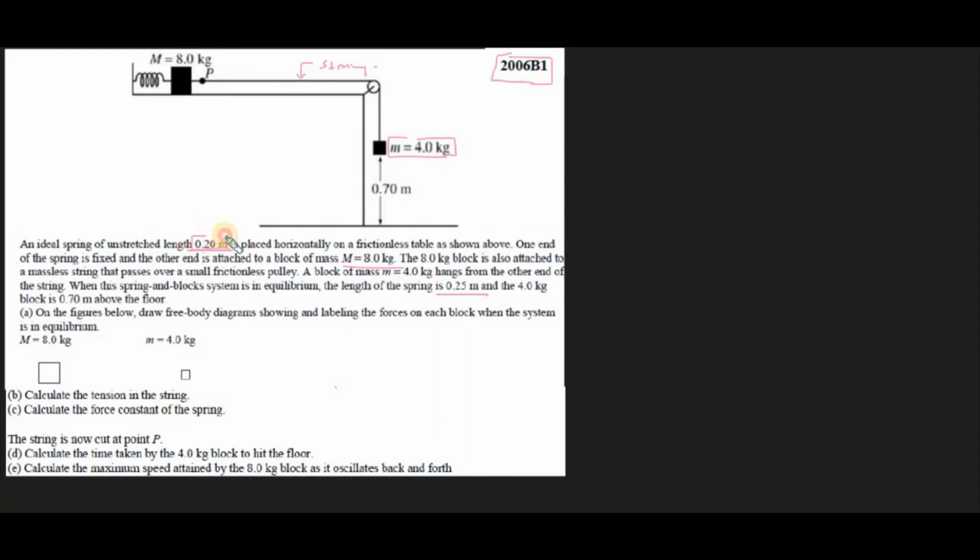The free length is 0.2 meter and in the equilibrium condition the spring length is 0.25 meter. That means the elongation of the spring is 0.25 minus 0.2, that's 0.05 meter. That's the elongation of the spring, and the 4 kg block is 0.7 meter above the floor.